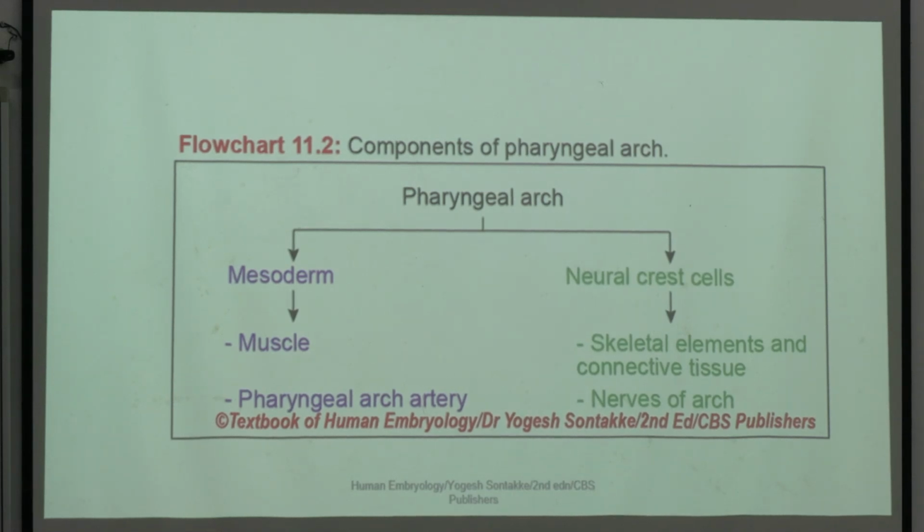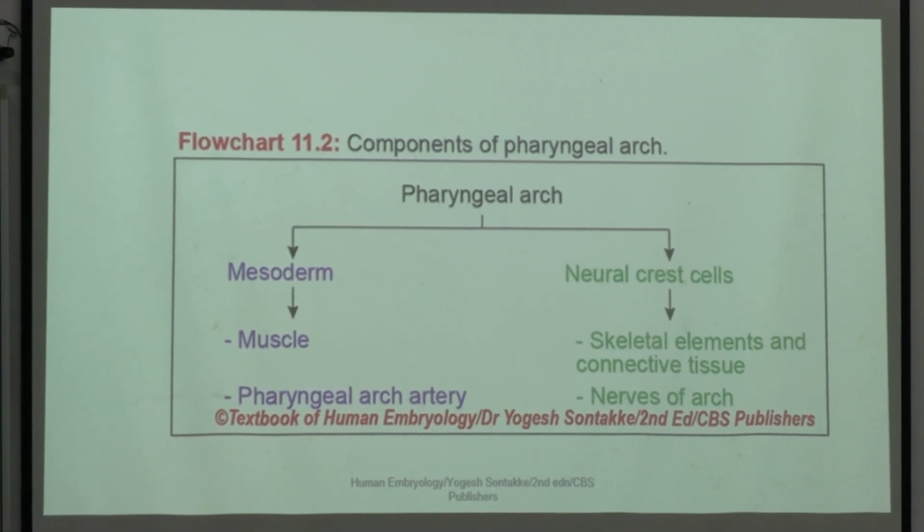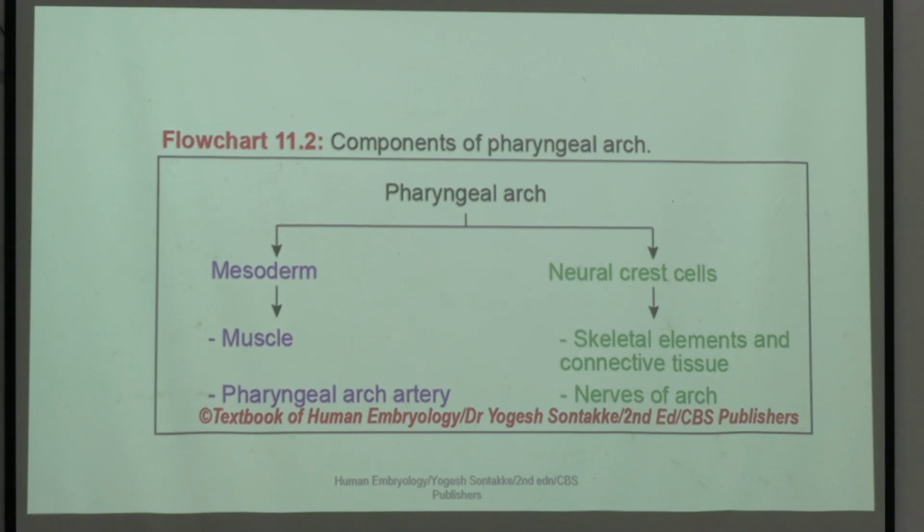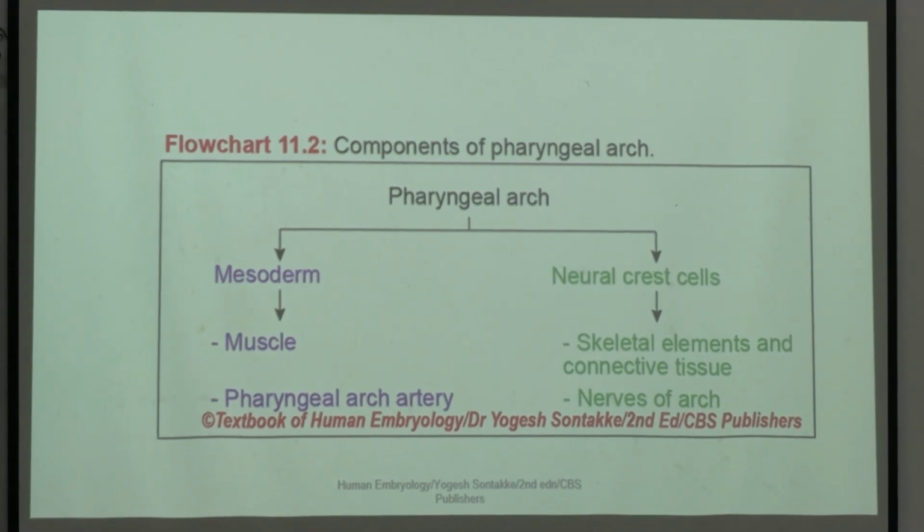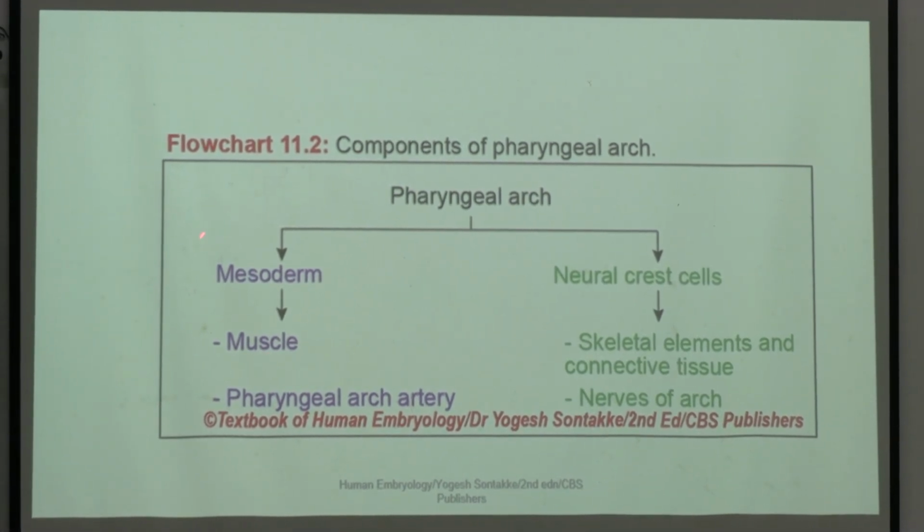Whatever neural crest cells are there in the pharyngeal arches transform into skeletal or connective tissues. That means whatever bones, cartilages or ligaments we have in the face and the neck region are destined from these neural crest cells. And whatever muscles we have in the face and neck region come from the intraembryonic mesoderm.